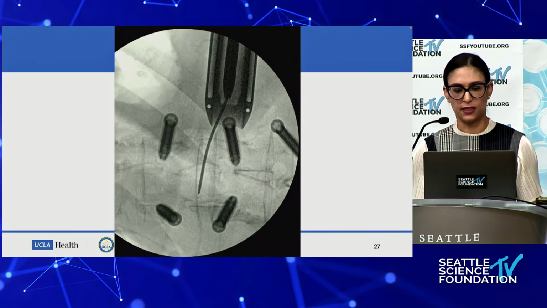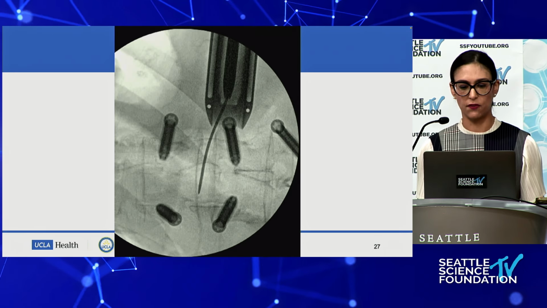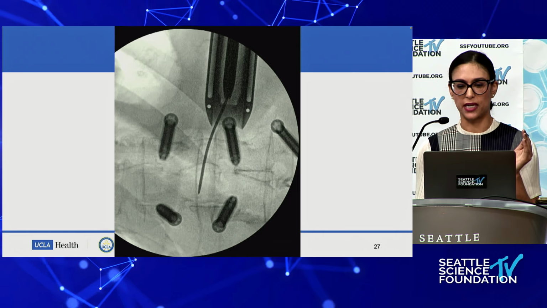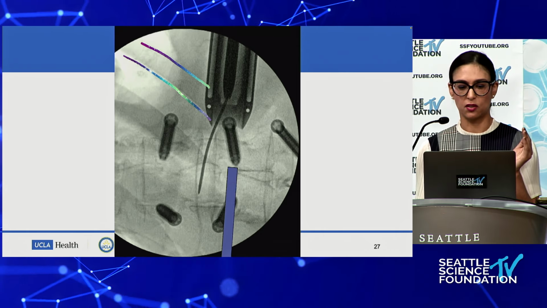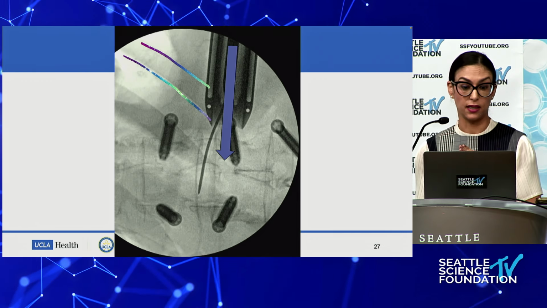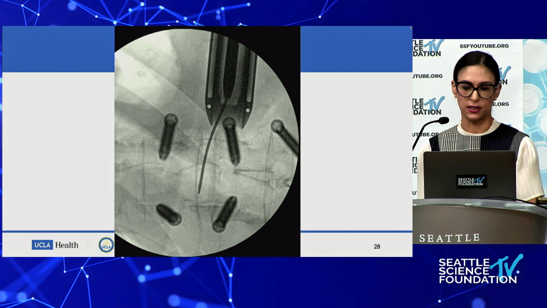But then what you can see is that because the ribs are having this downward pressure there, even though my K-wire can get in there, I'm not able to actually get my retractor in there because the rib is blocking it. So my retractor is actually going into the end plate here, which again, with a T-score of minus 2.6, is not very promising.